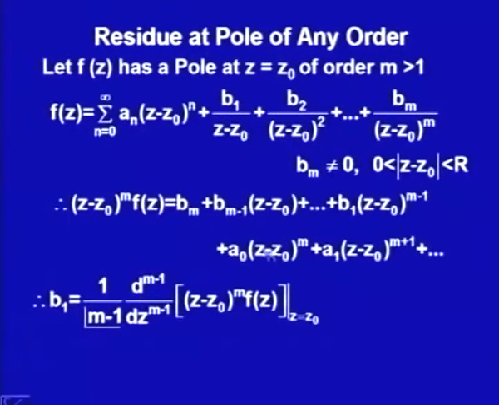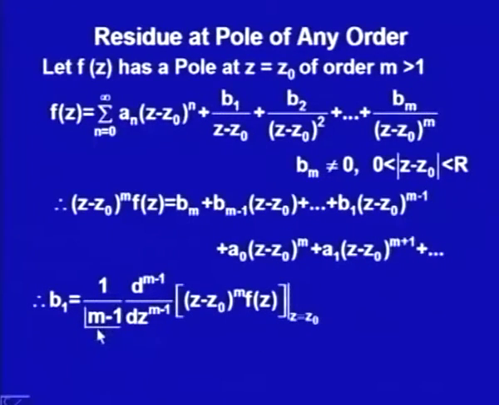So, what would it be? We do know that in the Taylor series expansion of any function g(z), the coefficient of (z - z0)^m is nothing but the mth derivative of the function g(z) divided by factorial m. So, here we want the coefficient of (z - z0)^(m-1).